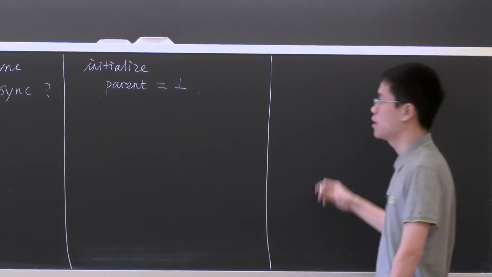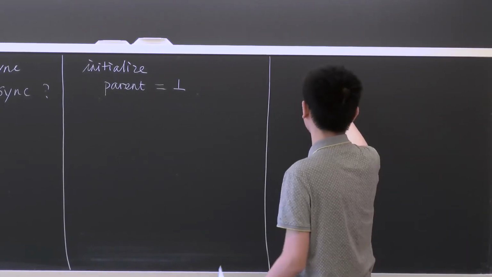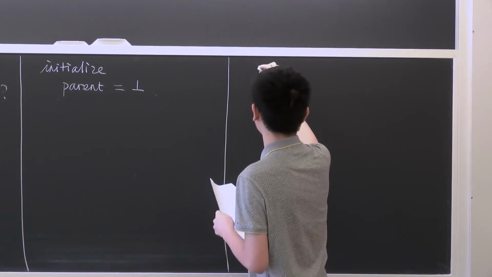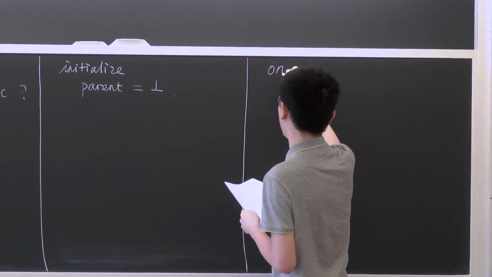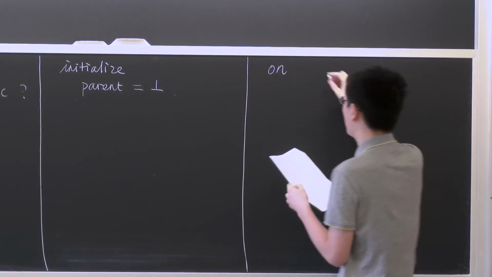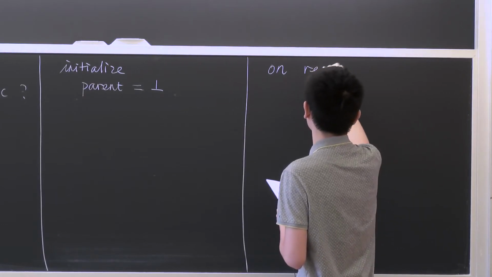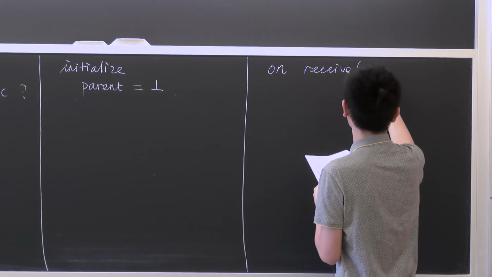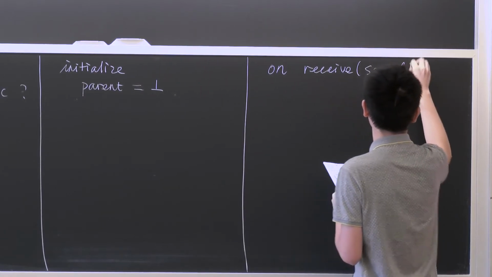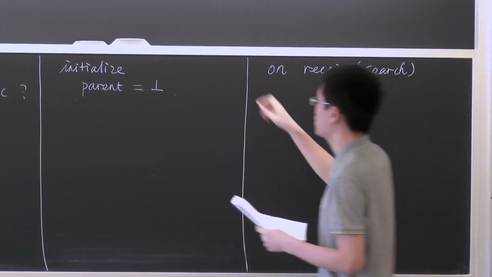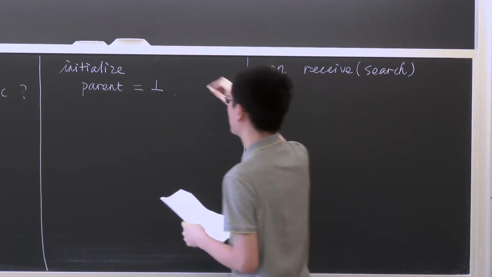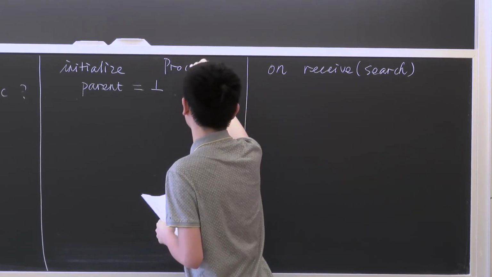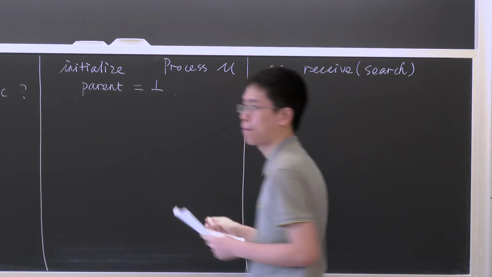Then every node will pass around this search message. I'll use a slightly shorter notation than from the lecture. Let's say the code I wrote is for process U.